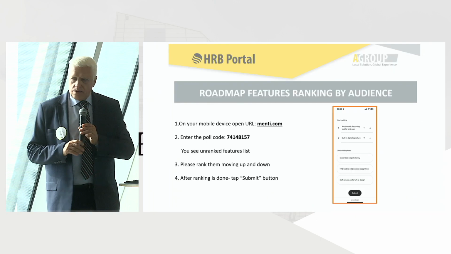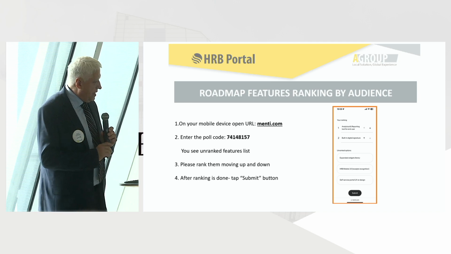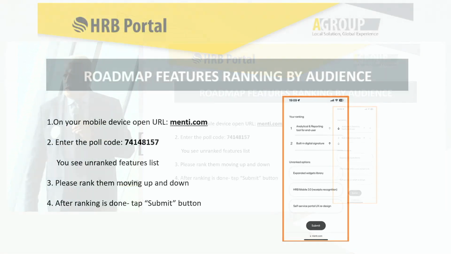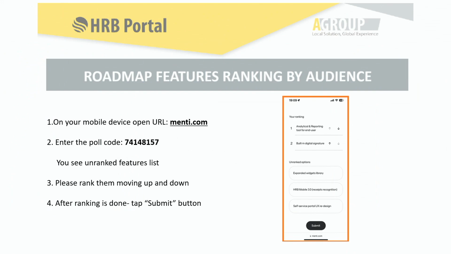And now let's have fun. You see on the screen this URL, menti.com. Please access it on your mobile device and enter this code 741-48157. You will have part of the features included in the roadmap, and you will be able to rank them.